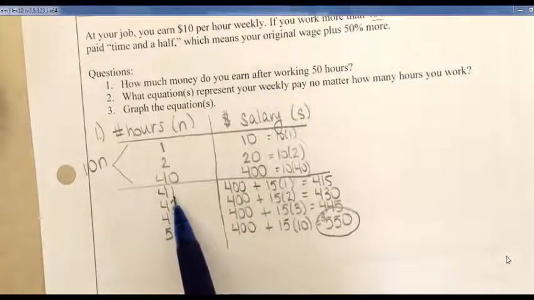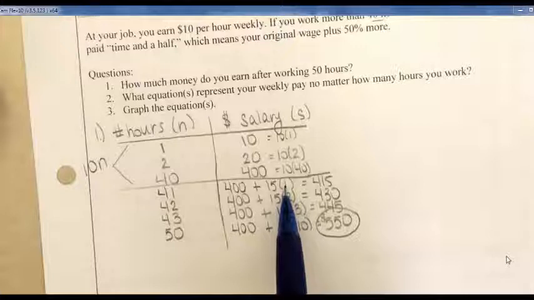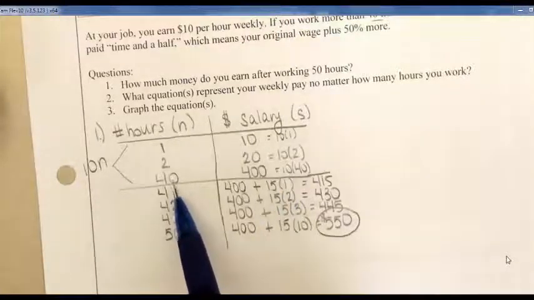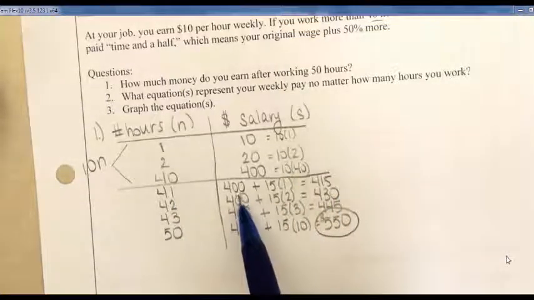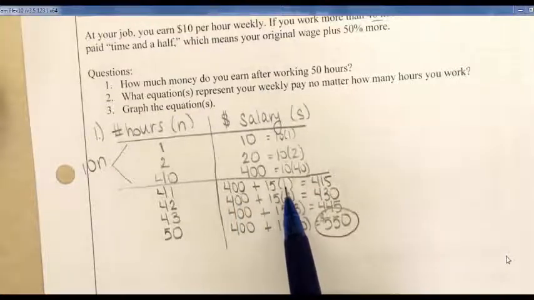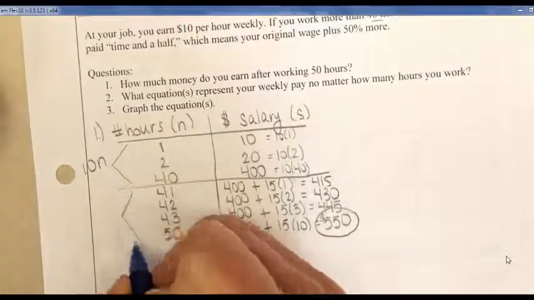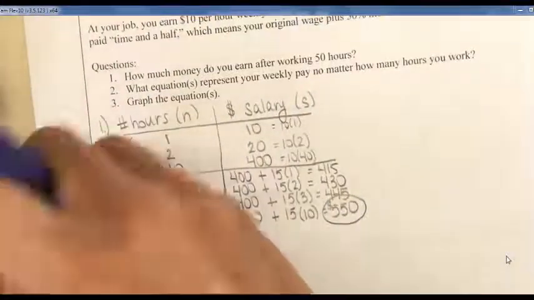So if I work 41 hours, this is 15 times 1, because this 1 comes from subtracting the 40 from the 41. So what you really end up with is, no matter what, you get $400, plus you get 15 times the number of hours that you work that is above 40 hours. So for this section, you get 400 plus 15.